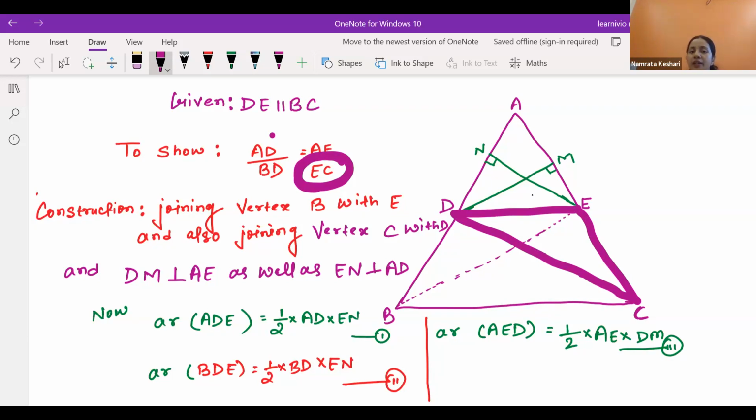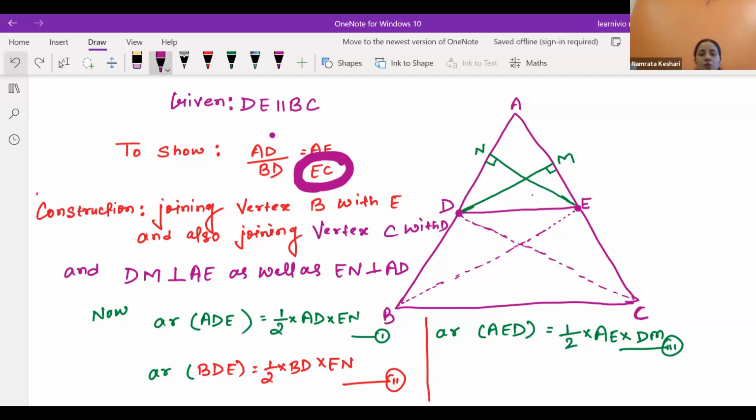And that perpendicular, just coincidentally, will lie outside the triangle. You can see DM. DM is the perpendicular on the base EC. If you are thinking that DM is not on EC, DM is on the extended part of EC, and this is a completely normal situation.